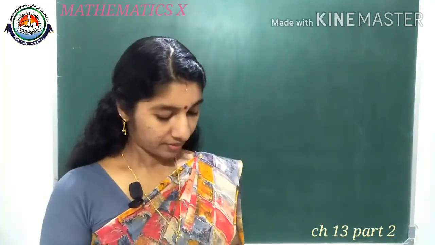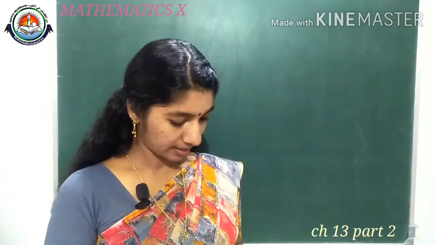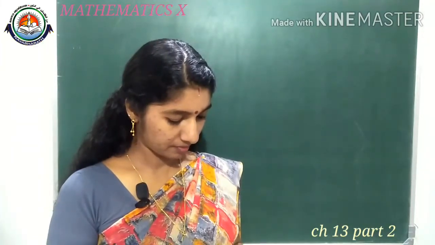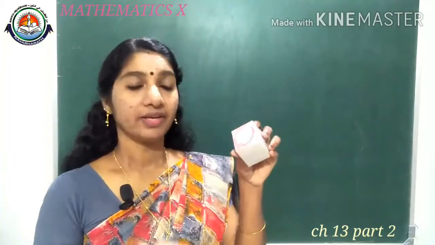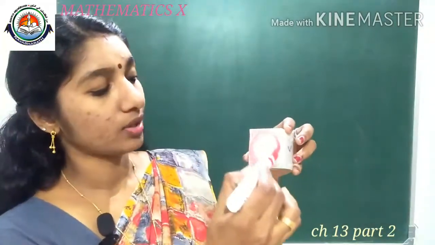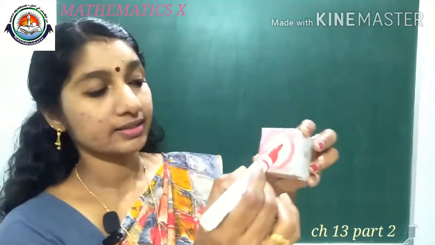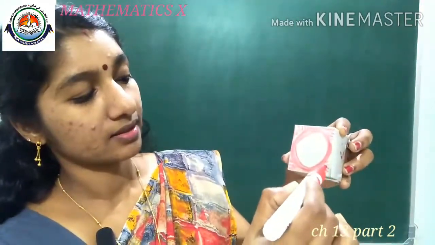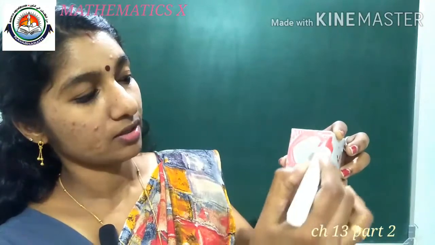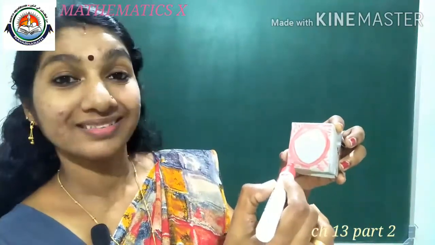So when we are cutting out a hemispherical portion from one face, we will get a circular shape here, and all these shaded portions will be on this face.